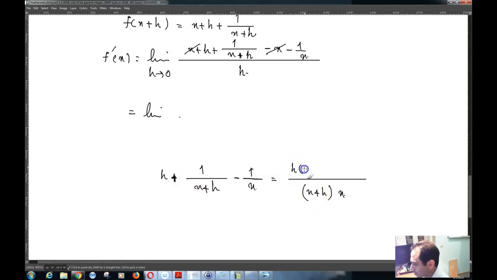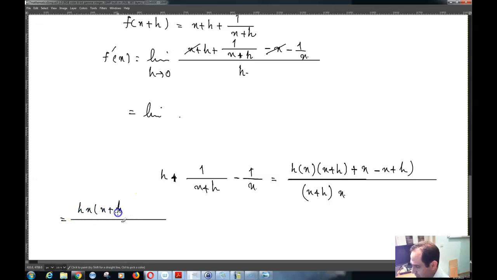So you have h times x plus h plus basically x minus x plus h, which is equal to hx times x plus h, and these two will cancel out.